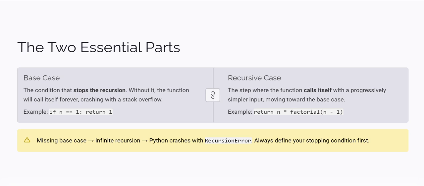Here are two examples given. If n is equal to 1, return 1; otherwise return n star factorial of n minus 1. This is part of one piece of code where you are trying to find the factorial. This part of the code is the recursive case, and this part is the base case.